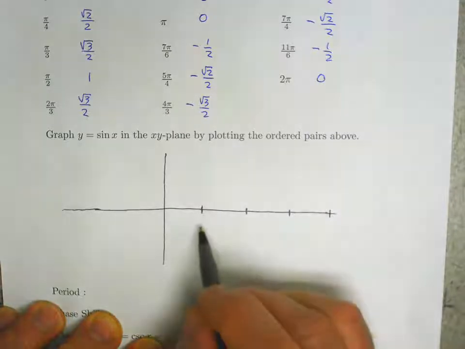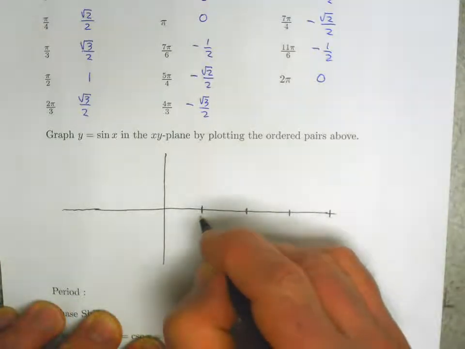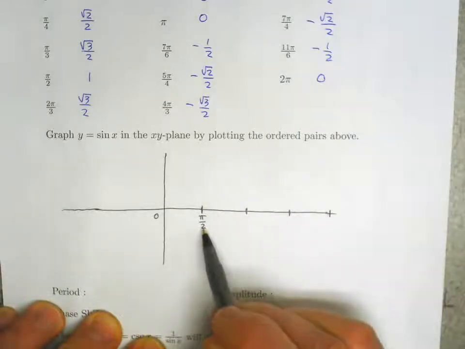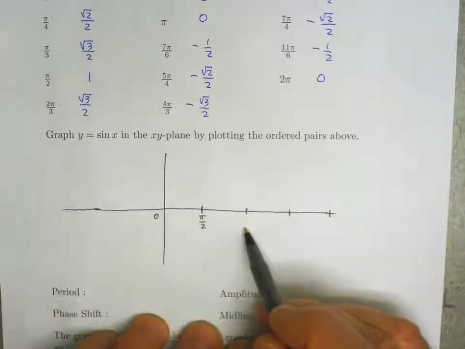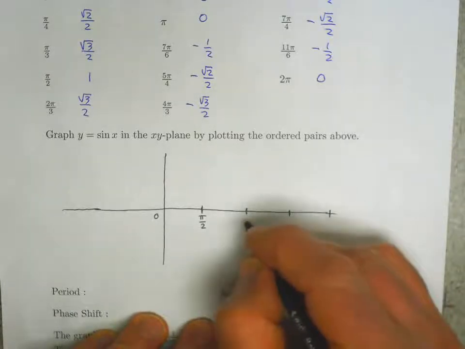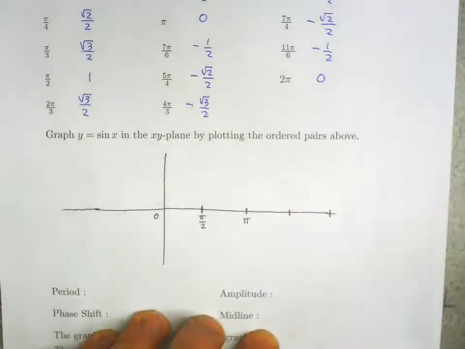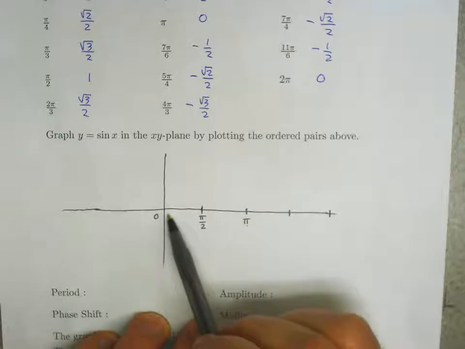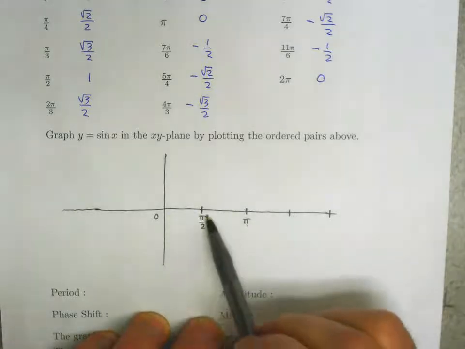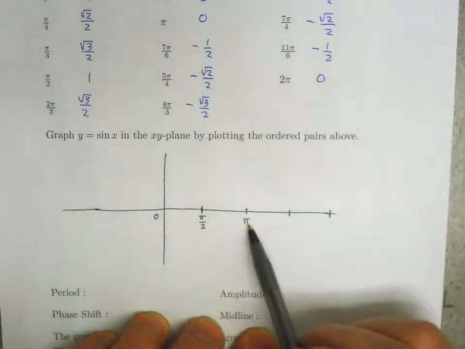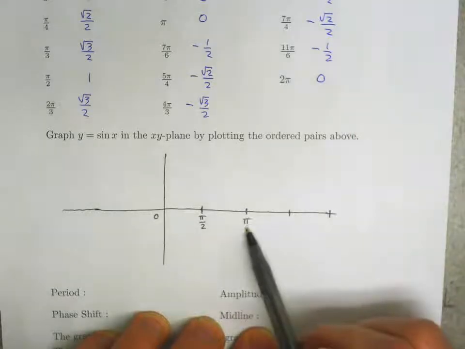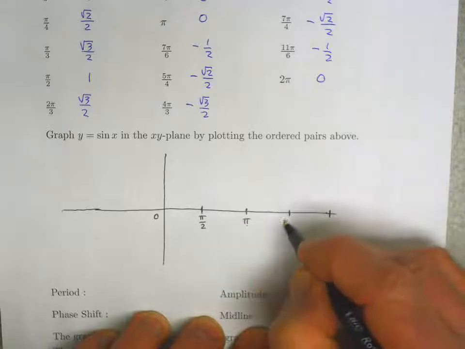So 2 pi divided by 4 is pi over 2. So we're starting at 0. And then 2 pi divided by 2, this is the second interval, was pi. And so you can see that each of these subintervals is of length pi over 2. So this number here should be pi over 2 plus pi, which is 3 pi over 2.